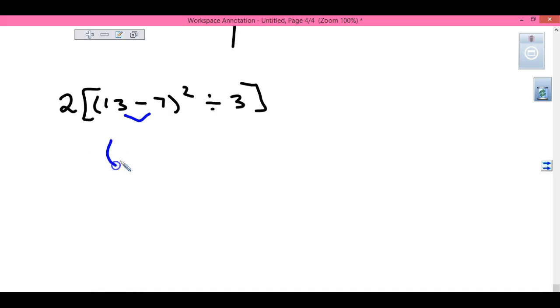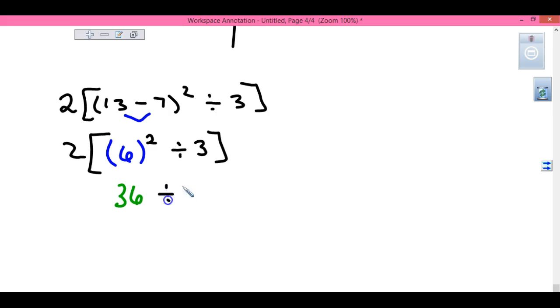What's 13 minus 7? 6. We still have the square divided by 3. All of this was in a bracket. What do I do next? So 6 squared is 36 divided by 3. What's 36 divided by 3? 12.